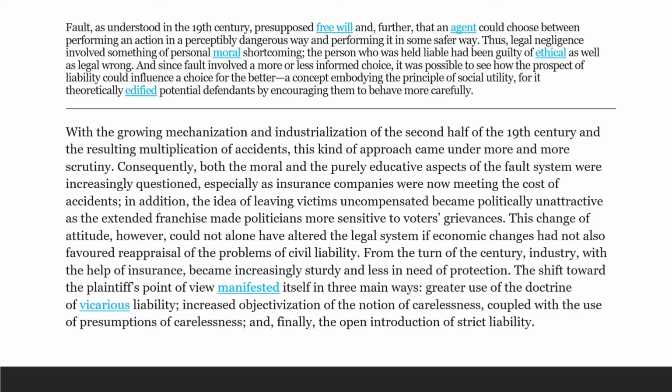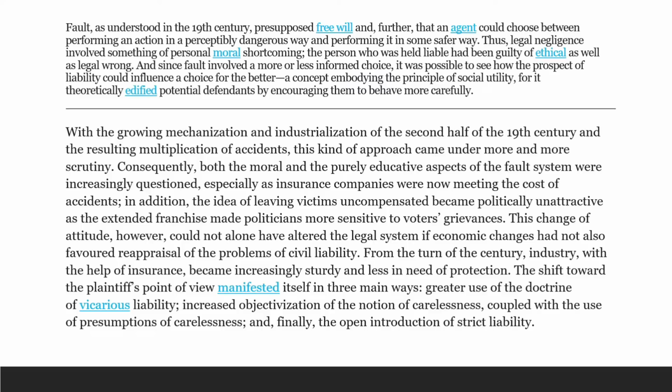This change of attitude, however, could not alone have altered the legal system if economic changes had not also favored a reappraisal of the problems of civil liability. From the turn of the century, industry, with the help of insurance, became increasingly sturdy and less in need of protection.